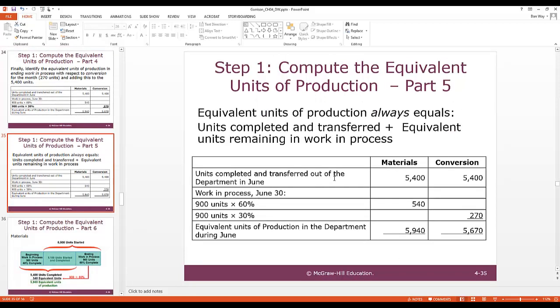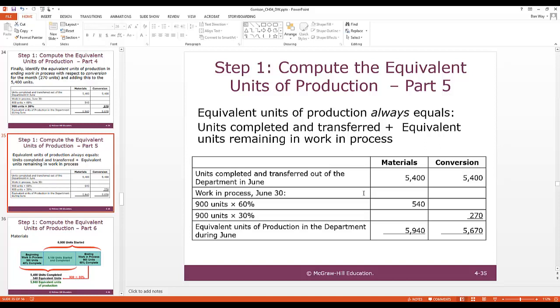So to summarize, equivalent units of production always equals those units we completed and transferred. That should always be our starting point. Again, those are 100% done with respect to everything. There's no need to do any math with those. It's just the physical goods that were finished completely and moved out of the department. And then to that, we always add the ending work in process.